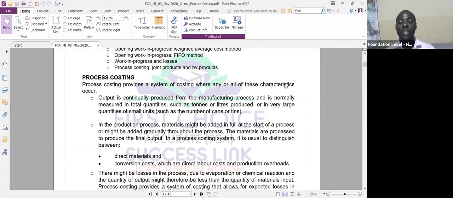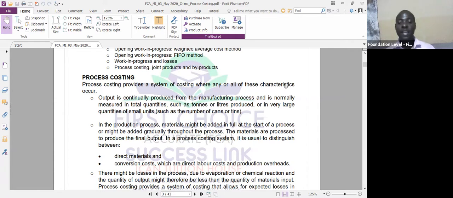In a process costing system, it is usual to distinguish between direct material and conversion cost. Now, when we say conversion cost, we mean the costs to convert the direct material to finished goods. So we have labor. There will be some labor put to convert.